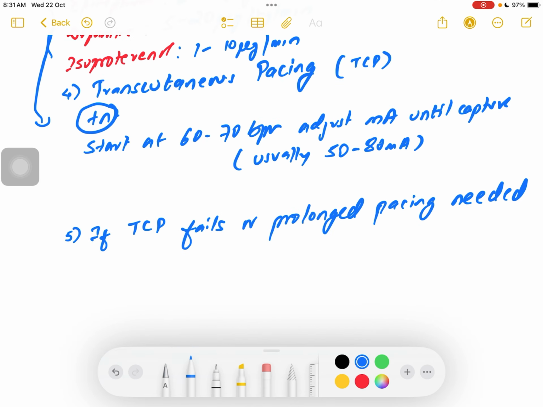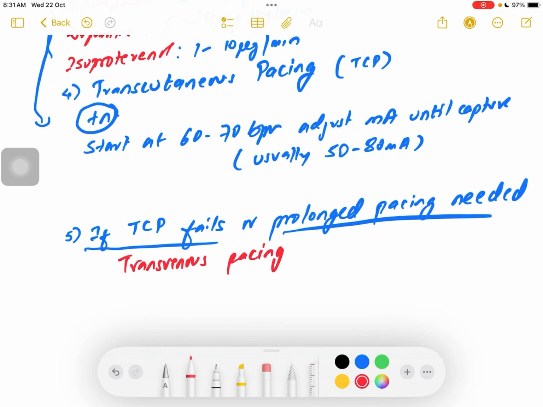At that time, we give atropine, 1 mg of atropine IV bolus. Remember, it's 1 mg. According to the AHA guideline 2020, 1 mg atropine should be given, not 0.5 mg.